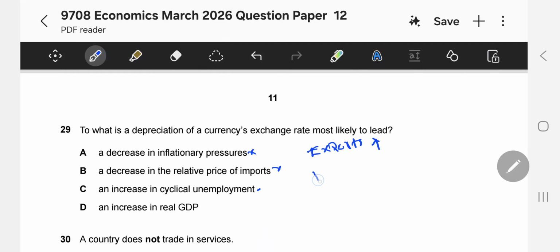You know that GDP is going to be calculated with this formula: consumption plus investment plus G, government expenditure, then plus exports minus imports. So if the exports increase, we're expecting GDP to increase, so that is going to be D.